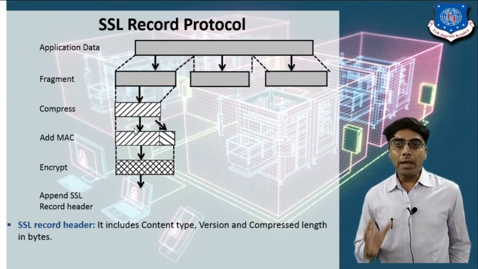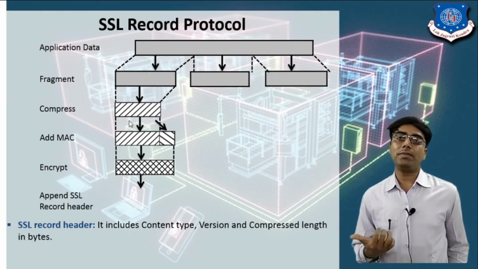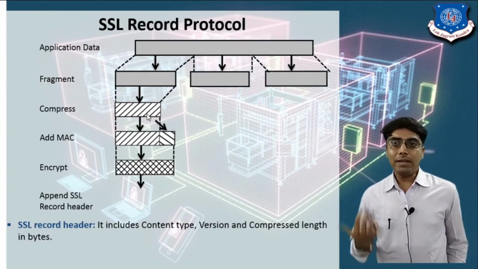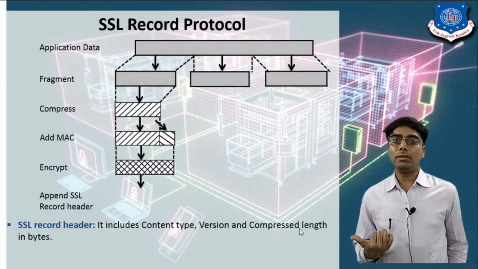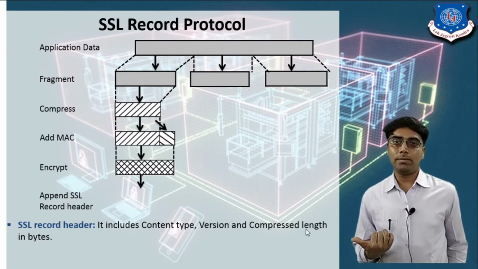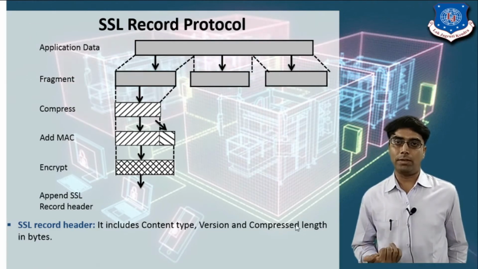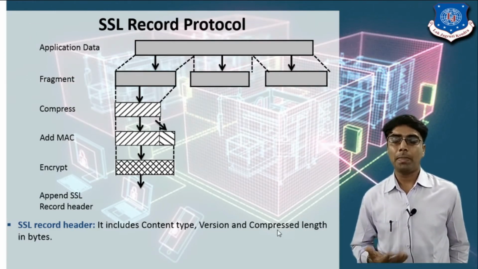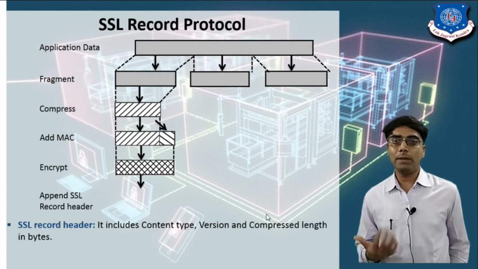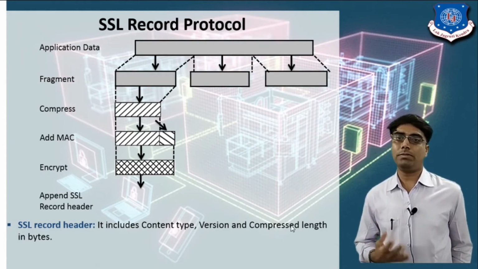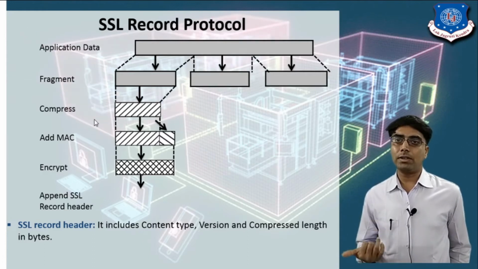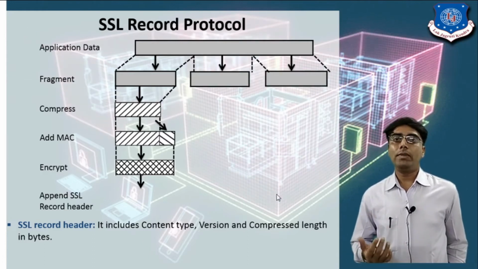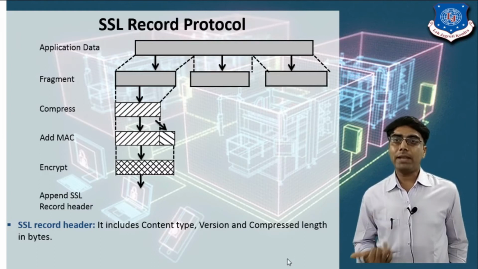That means that if we use the compression function, in that scenario we are giving the length of the compressed fragment. But if we don't use the compression function, in that scenario we consider the plain text length.